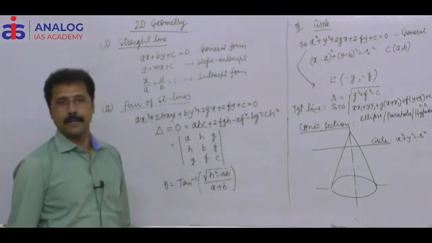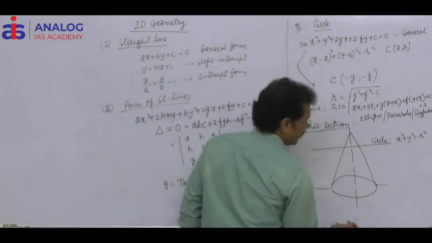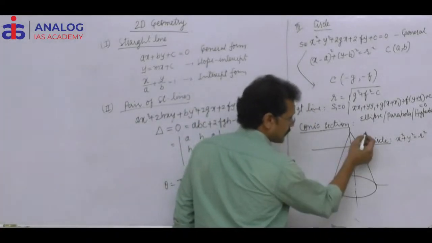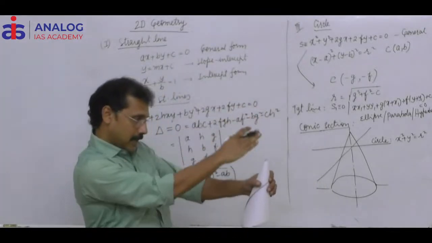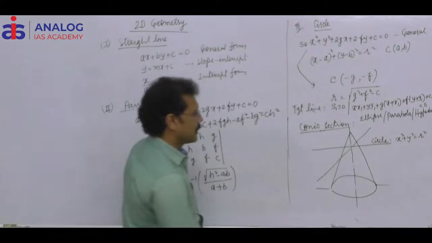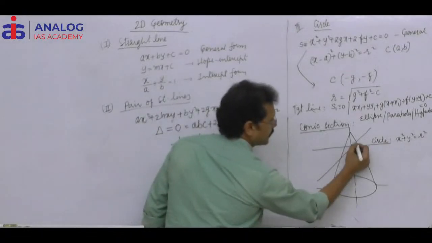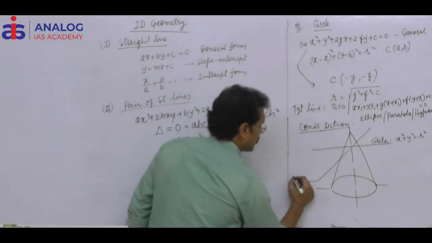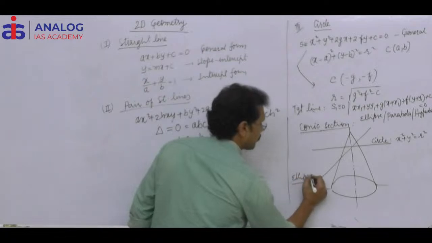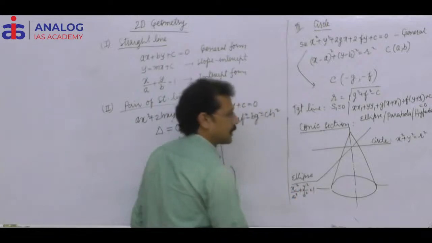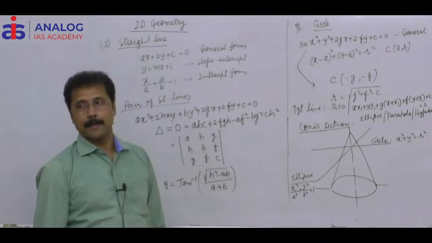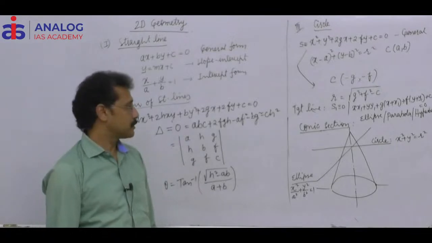Now if I intersect it inclined to the axis, what I get is an ellipse. It looks like x square by a square plus y square by b square equal to 1.